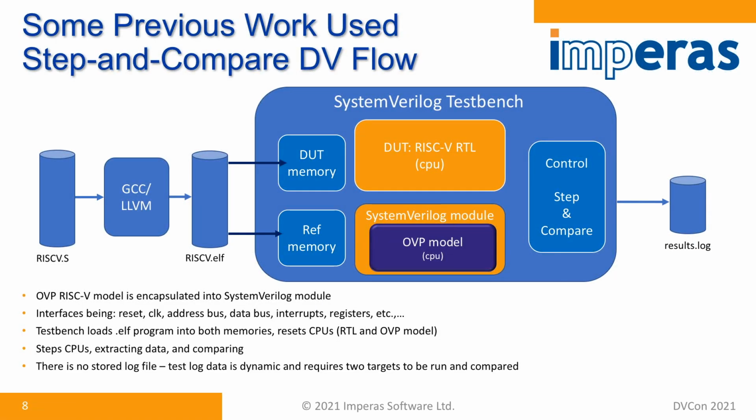So some of the previous work started talking about a step and compare DV flow, and that's shown here. There's going to be some sort of a stimulus that's going to get run on both the RTL device under test and on the reference model. And the idea behind the step and compare is to be able to handle those asynchronous events.